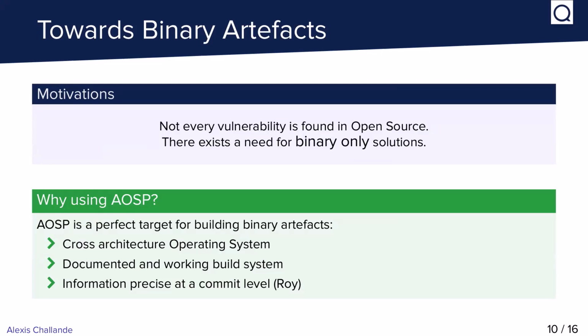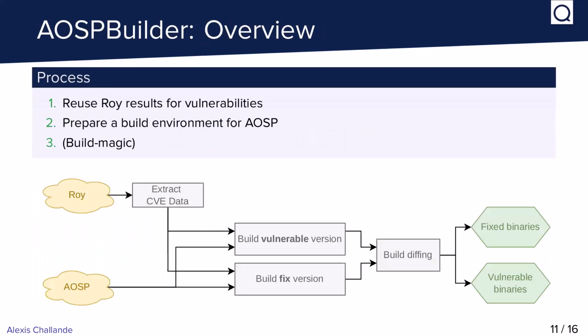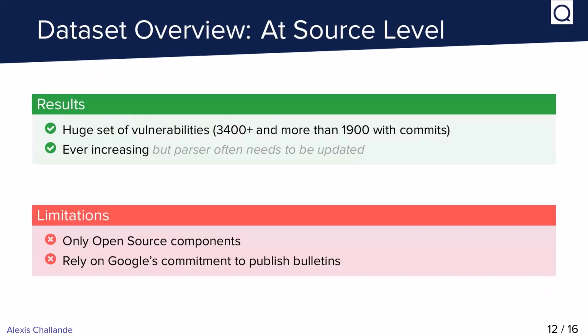It works across architectures, so you can have this binary built for a few devices, a few architectures. To do this magic build, we just process the result from Void. So we have the fixing commit, and now we build AOSP before and after the commit has been applied, and then we do some build diffing, and we have the fixed binaries on one side and the vulnerable binaries on the other side.